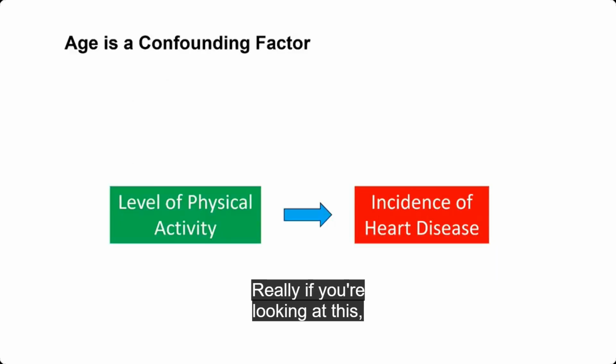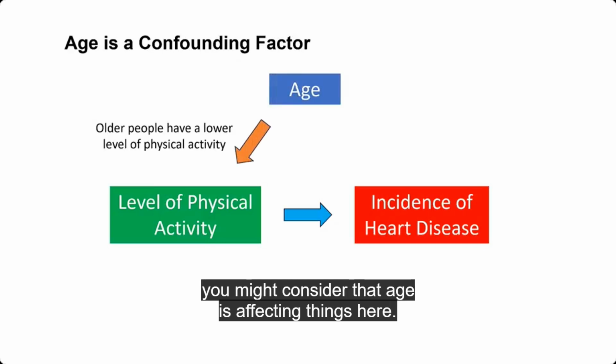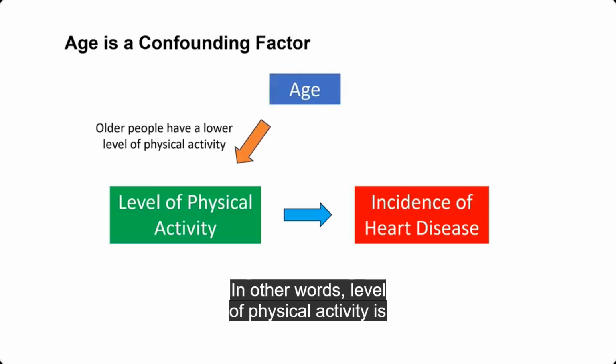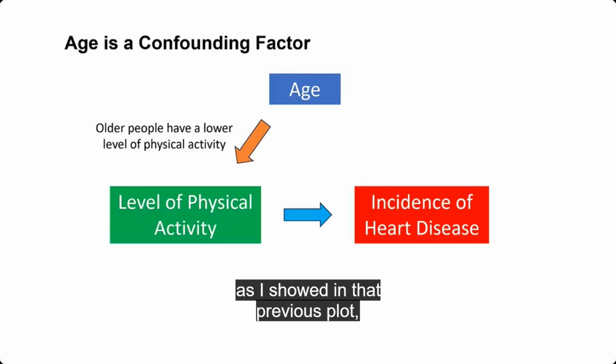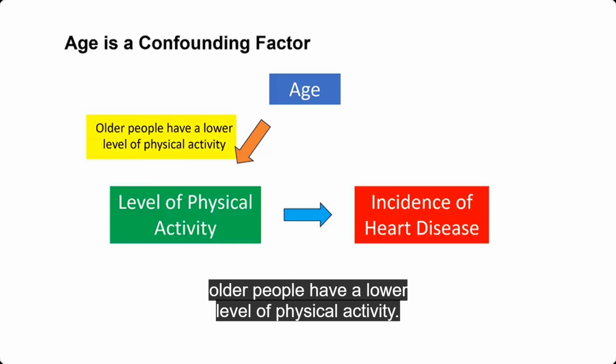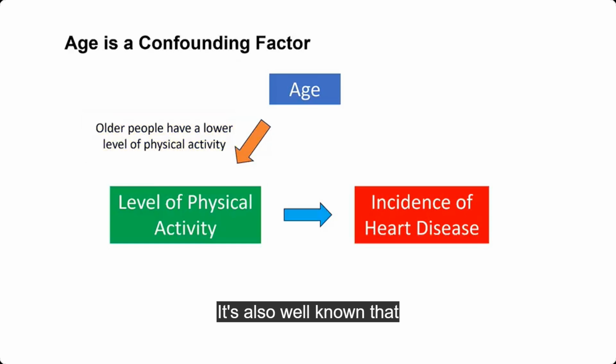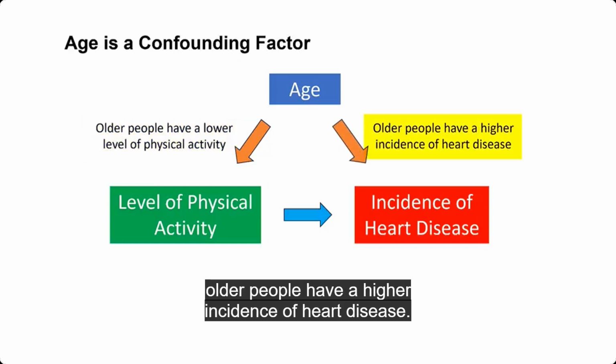So really, if you're looking at this, you might consider that age is affecting things here. In other words, level of physical activity is highly dependent upon age, as I showed in that previous plot. Older people have a lower level of physical activity. It's also well known that older people have a higher incidence of heart disease.